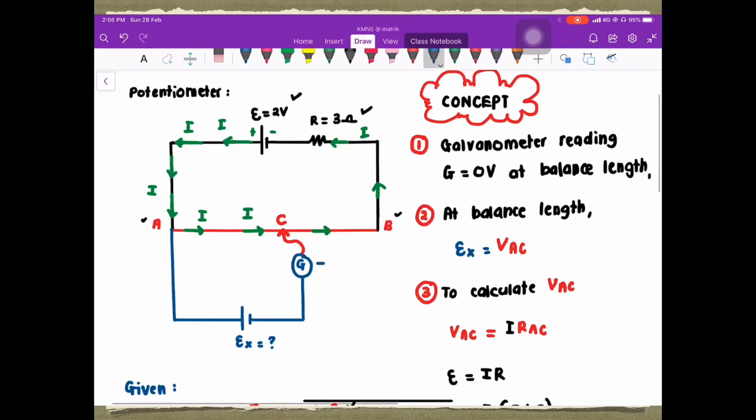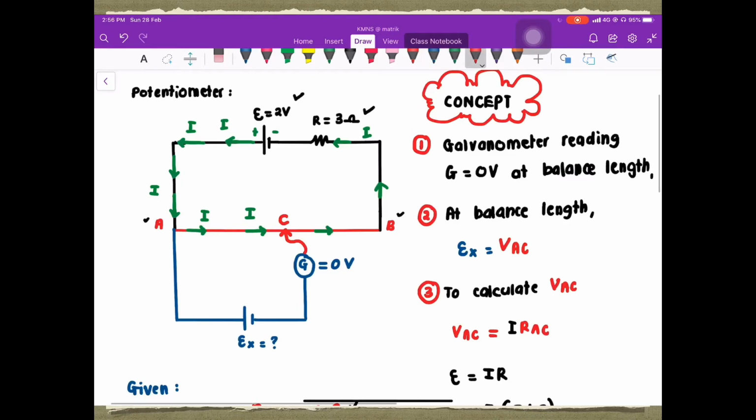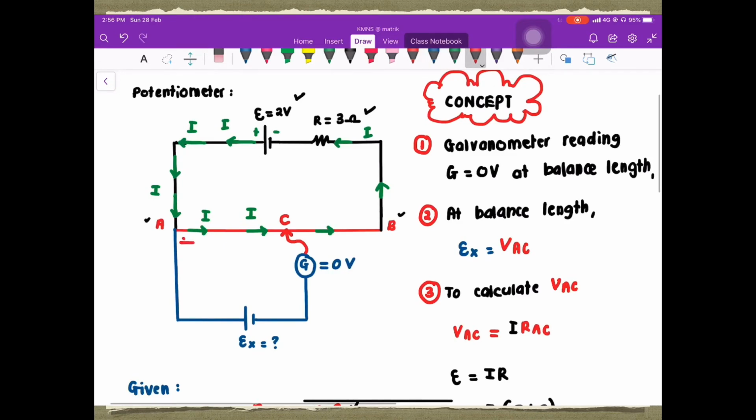The galvanometer will show 0 volt, meaning this length from A to C becomes the balance length.